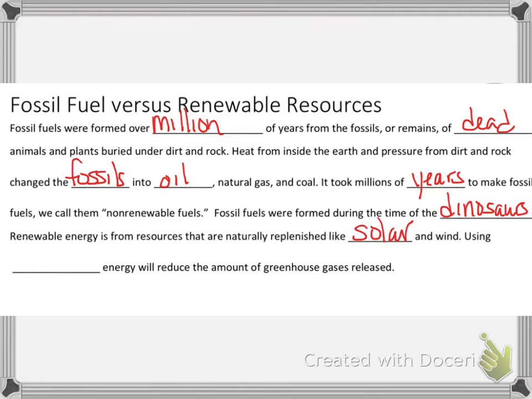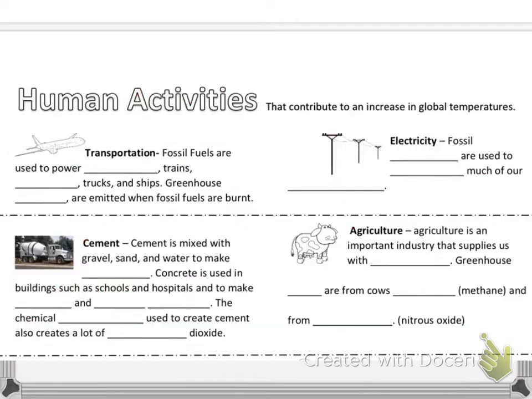Wind generators, those big wind turbines, are huge in the Midwest. They are fields and fields and fields of just wind turbines because it's so flat there. The winds just come across the lands, and they use that to generate renewable energy. Using renewable energy will reduce the amount of greenhouse gases released.